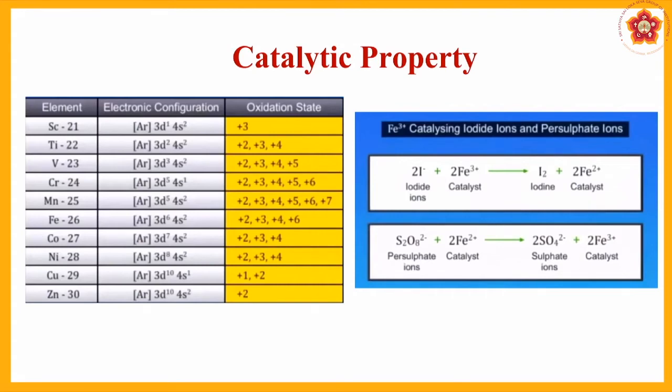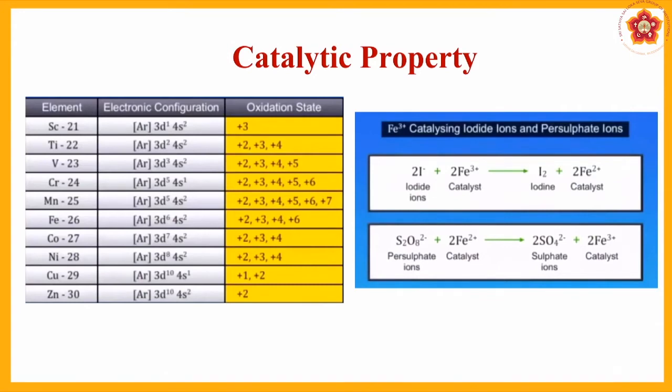What is the role of a catalyst? It takes part in the reaction, makes the required adjustments in the ionization state, and comes out as it is as a metal. In the first reaction, the 3+ to 2+ state indicates that it has gained an electron. In the second reaction, an electron is lost, going from +2 to +3.